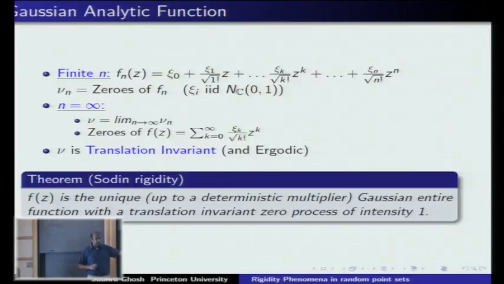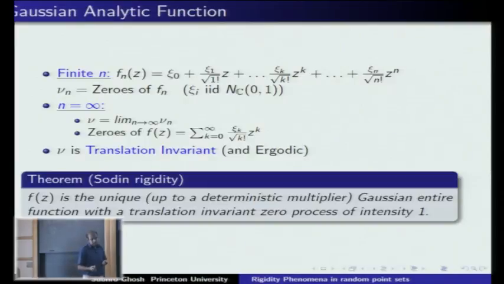Up to a deterministic multiplier. If you take an entire function and multiply it by a deterministic function... So you're saying if I make any other choice, if I multiply the coefficients, it will not change the problem. Yes.